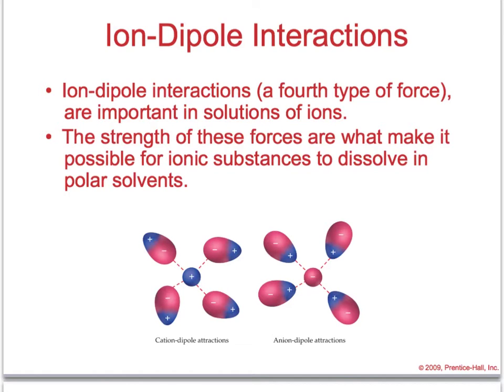Ion dipole interaction. Do you remember the meaning of dipole? Two poles, right? Good job. So ion? So in this ion dipole interaction, as you see in the picture, there is an ion, which is a cation at the center, and in the other one there is an anion at the center.